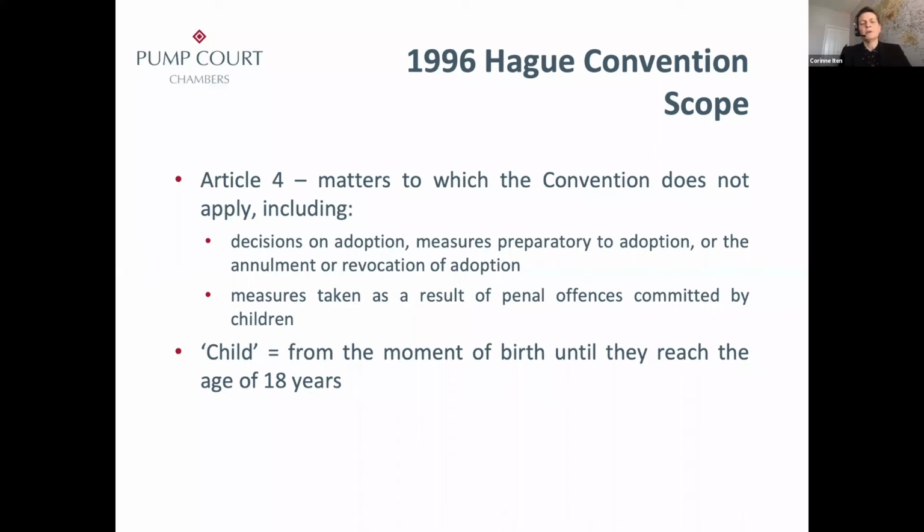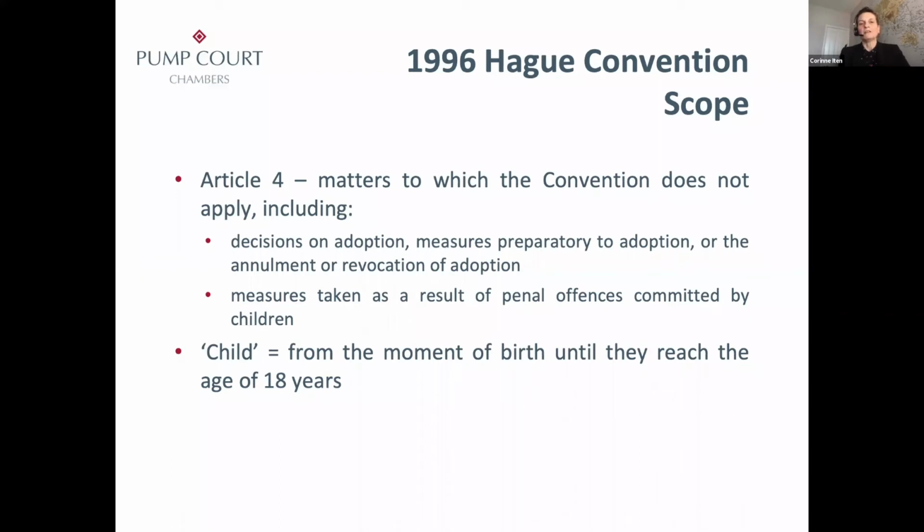In case you were wondering and very familiar with the 1980 Hague Convention, the definition of child under the 1996 Convention is from the moment of birth until they reach the age of 18 years. So unlike with 1980 Hague, where the cutoff is at 16, here the cutoff is the same as it is in our domestic law, so it's 18.